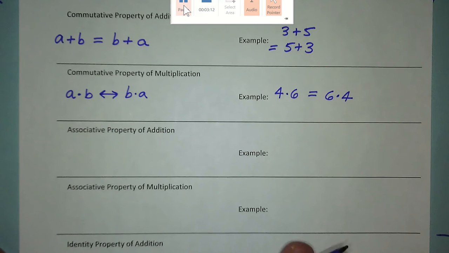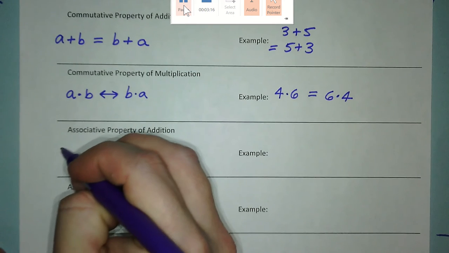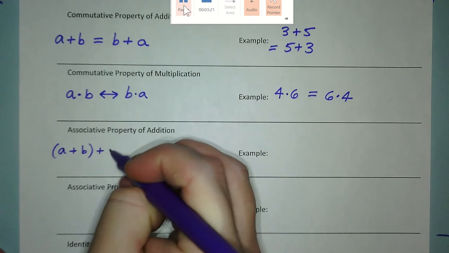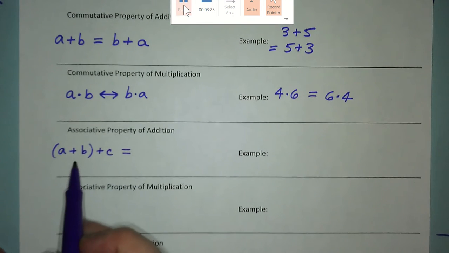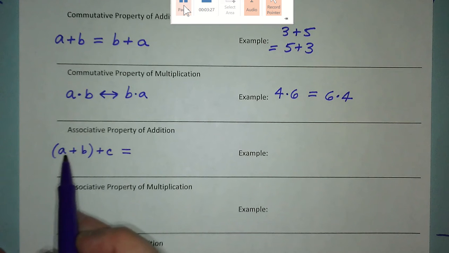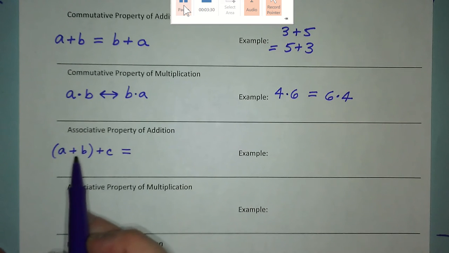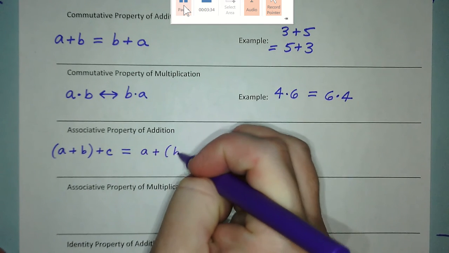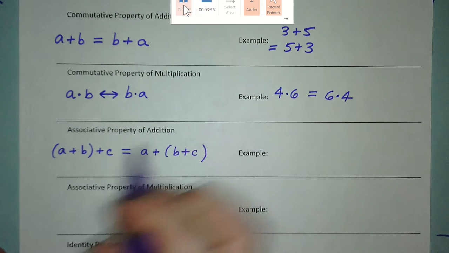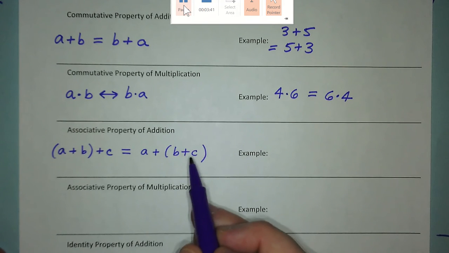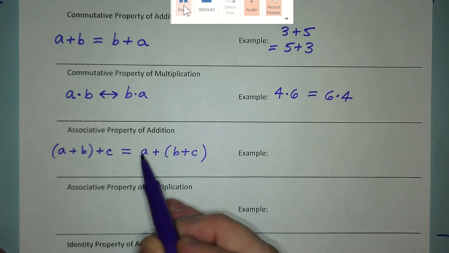Then there's the associative property of addition. Maybe you remember this. This just means that if you're adding three things, adding A and B first and then adding in C, or adding B plus C first, it doesn't matter.